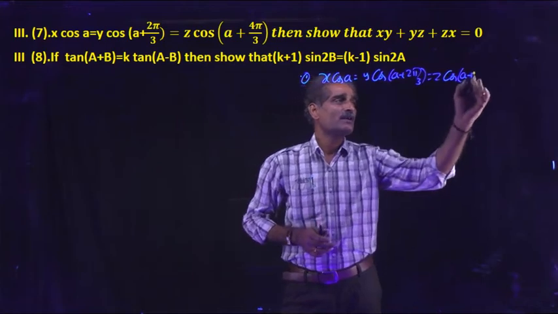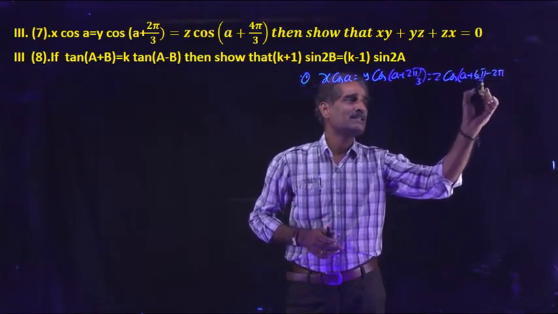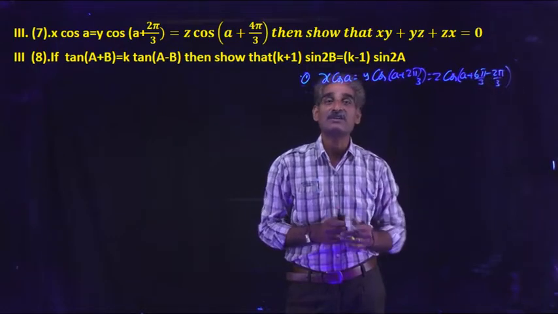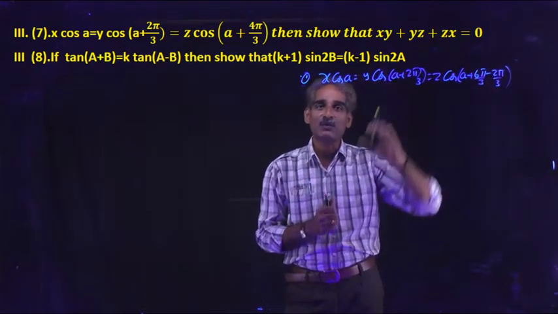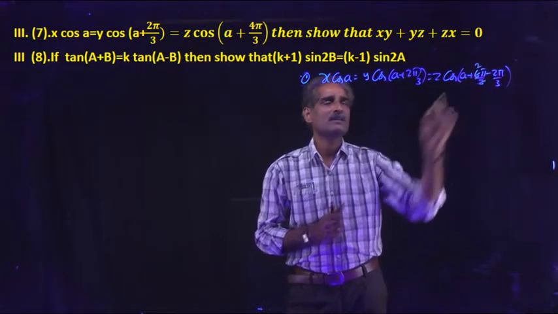See here, (6 pi minus 2 pi)/3 is there. This is how to express the given angle 4 pi/3 in terms of 2 pi/3.